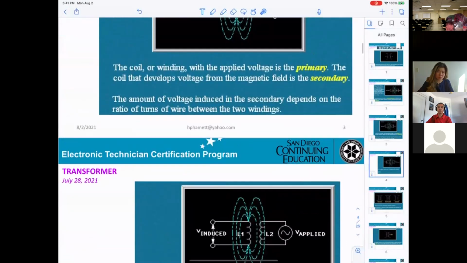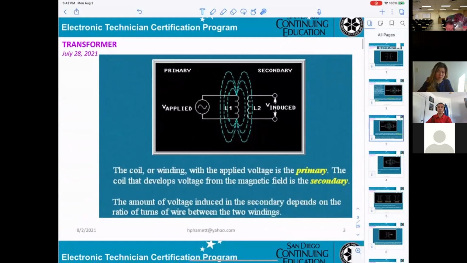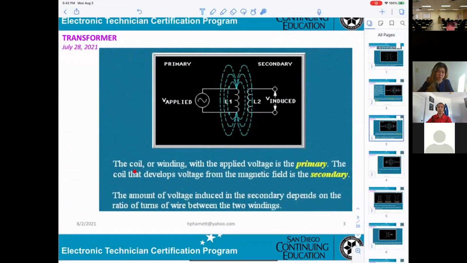So let's see where we are now. The coil or winding with the applied voltage, that means when you apply voltage here, is called the primary. The coil that develops a voltage from the magnetic field is called the secondary. So when you're looking at a transformer, you're supposed to know which one is the primary and which one is the secondary.